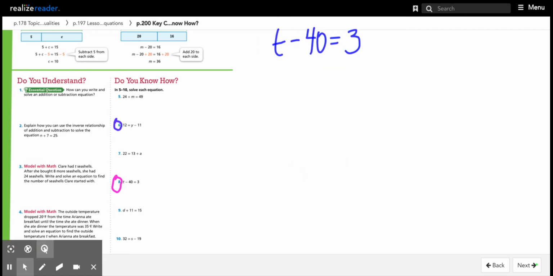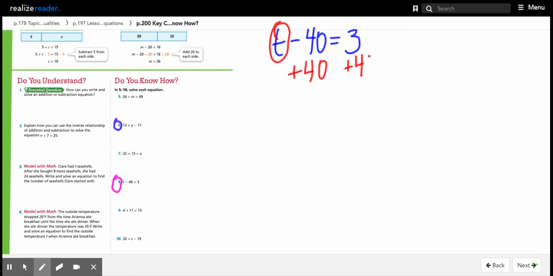Solve this. So my equation, t minus 40 equals 3. I'm going to have to get that t alone. So, and how do I get the t alone? I'm going to add 40 to both sides. That will leave me with t equals 43.